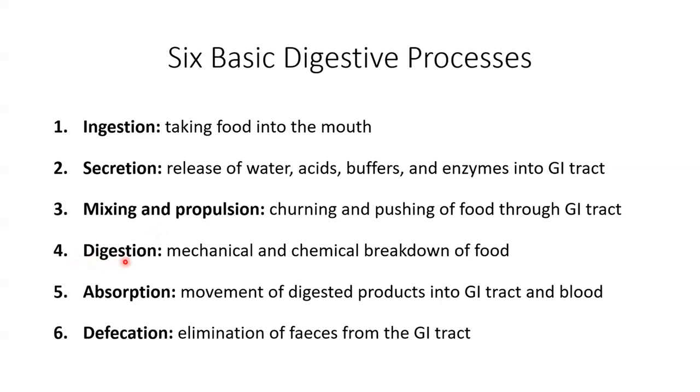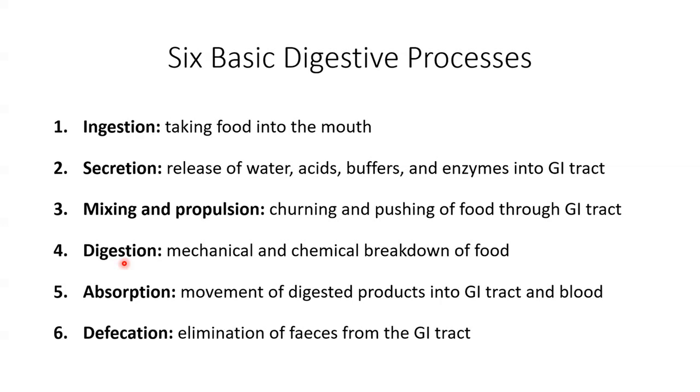We have digestion, which includes both mechanical and chemical breakdown of food. So in mechanical digestion, we're physically breaking down the food molecules. So your teeth, your tongue, and your hard palate, for example, are cutting and grinding the food before it is swallowed. We then have the smooth muscles of the stomach and the small intestine, which will churn and mix up those smaller food pieces.